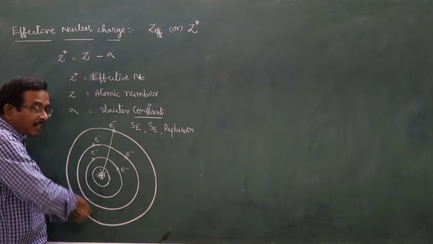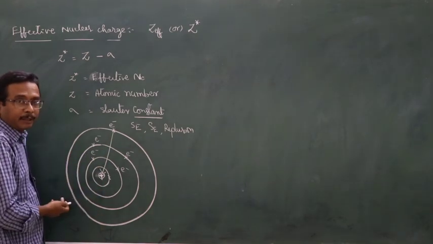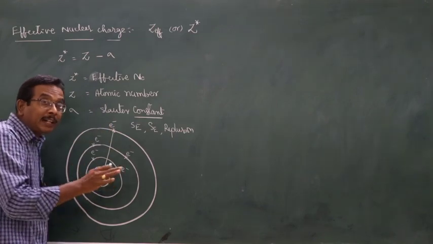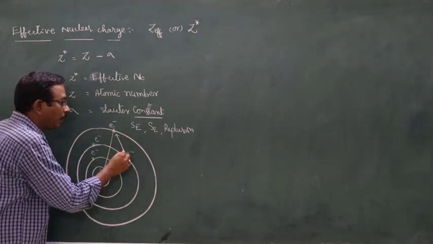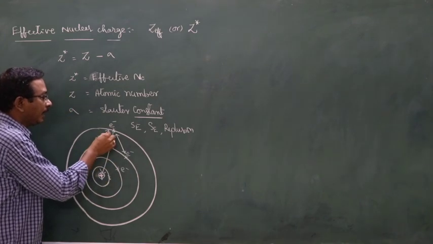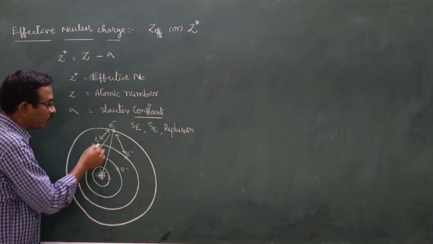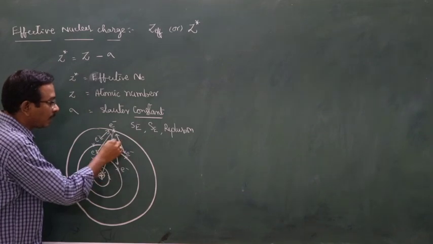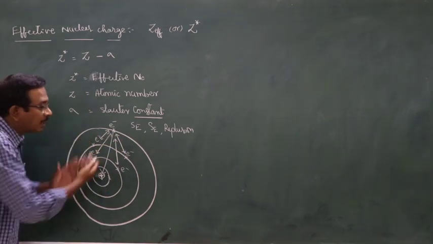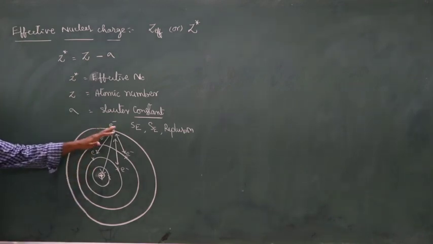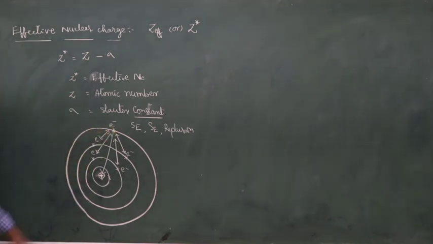During the revolving of electrons in a given orbit, they come into interaction with each other. As a result, there are some repulsions between the inner electrons and the electron for which the effective nuclear charge is calculated. How can you measure the repulsive forces?